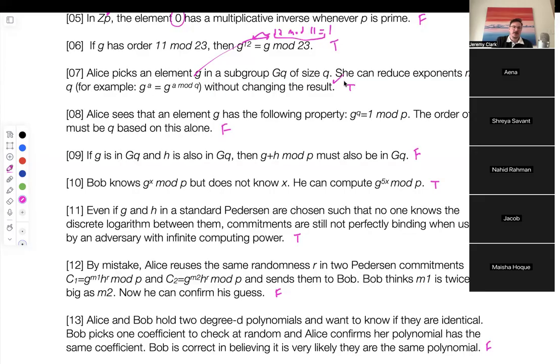This is the property you have when you know the order of G: you can reduce the exponent by the order of G. In more generality, it's always A mod the order of G, and the order of G is Q, as stated.